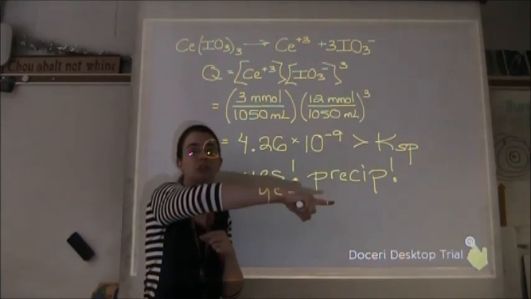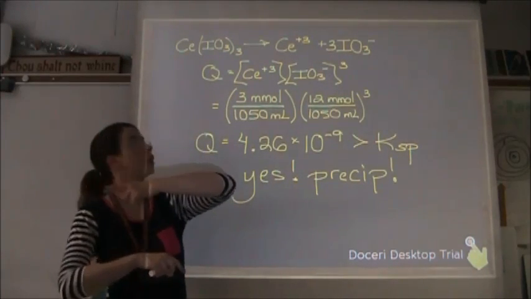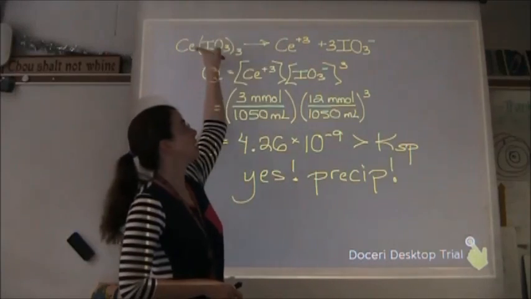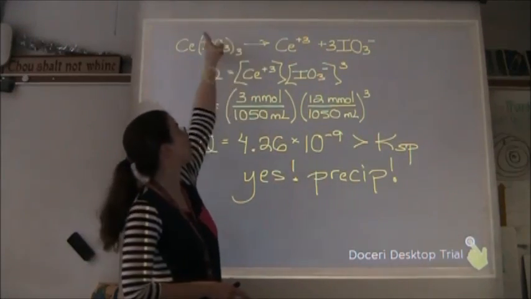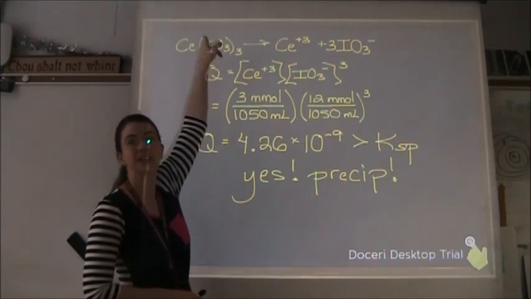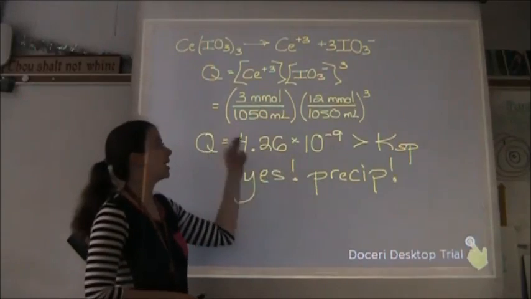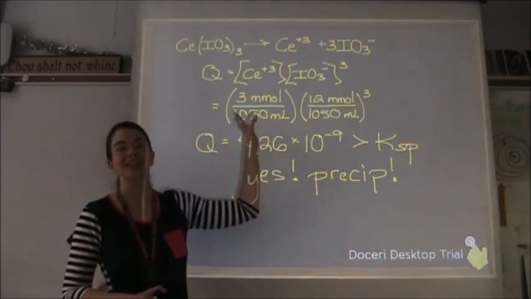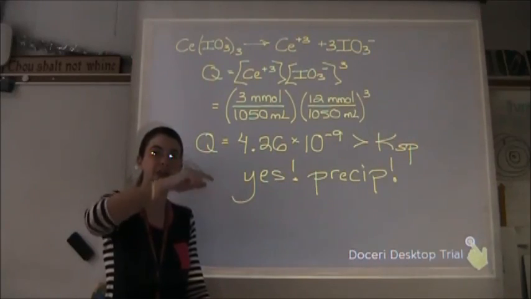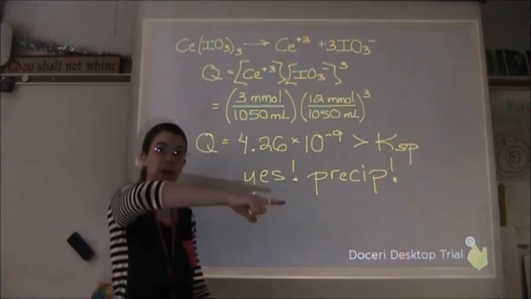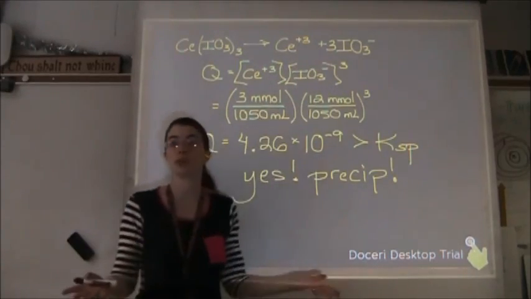How do we fix that problem? Which way should we go to fix it? We need to go back. Well, guys, what does going back mean? Look at this reaction. Going to the left, you are creating more solid. If Q is less than KSP, that means we have not made enough product, so we need to make some more. The solid will break apart. No precipitate.